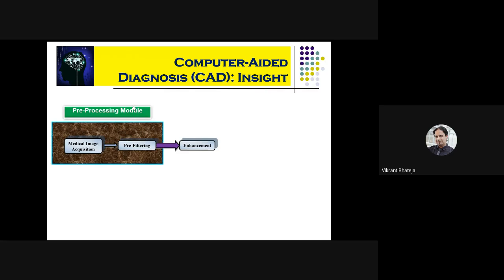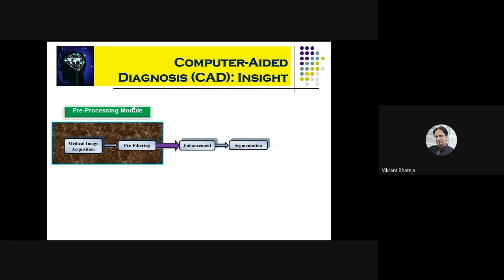So for enhancement of medical images, you have a separate or slightly different set of algorithms, or the existing algorithms are used with minor variations or certain adjustments.